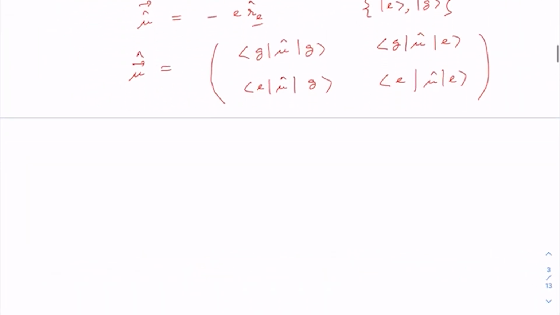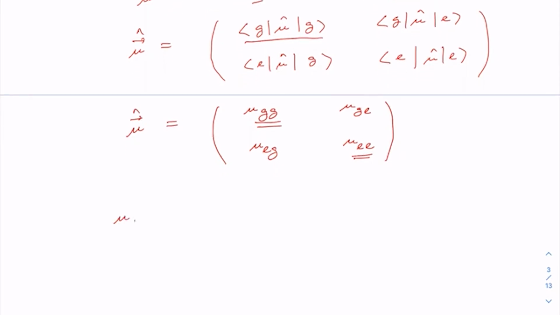In short notation, we can write this dipole moment operator in the matrix form as mu_gg, then mu_ge, mu_eg, and mu_ee. It can be shown that the diagonal elements of this matrix vanish as the dipole moment operator has odd parity. Let me explain.